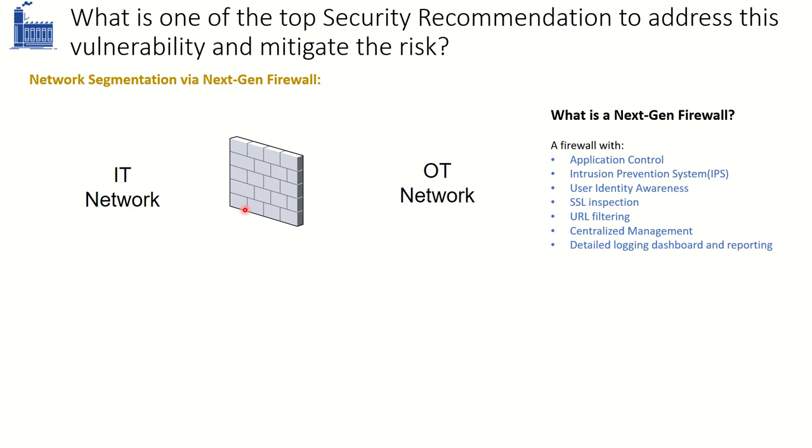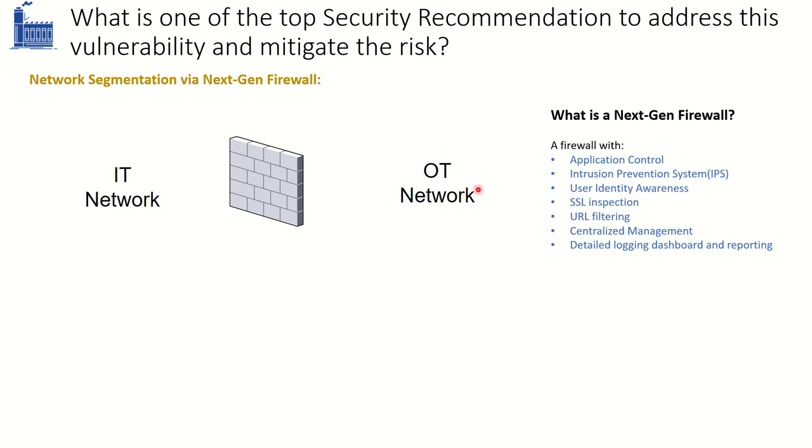So that's it then in this video. I hope this was helpful in helping you to understand the topmost security recommendation, that is segmenting the IT and the OT network, and how it can help in strengthening the security of the ICS environment. Because in the ICS environment, you have very limited options.